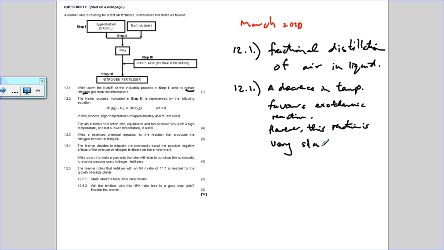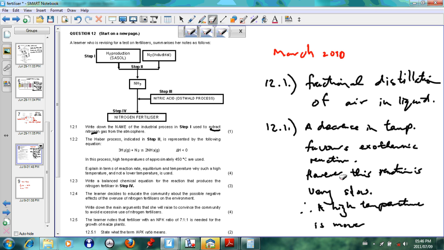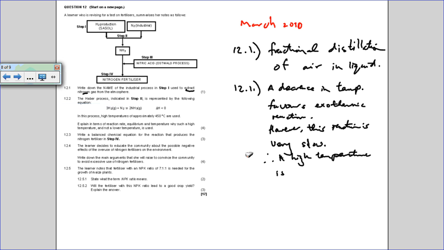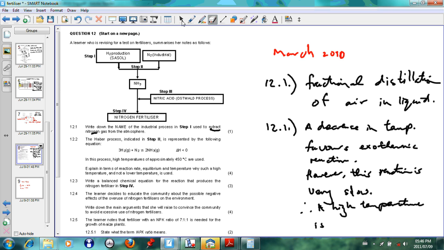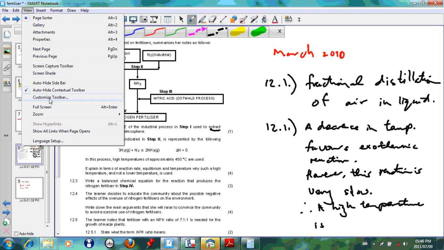So, in order for you to increase the yield, because you are a businessman and you want to make more ammonia, because more ammonia means more products, which means more business, therefore a high temperature is more favorable, because it creates a higher yield.